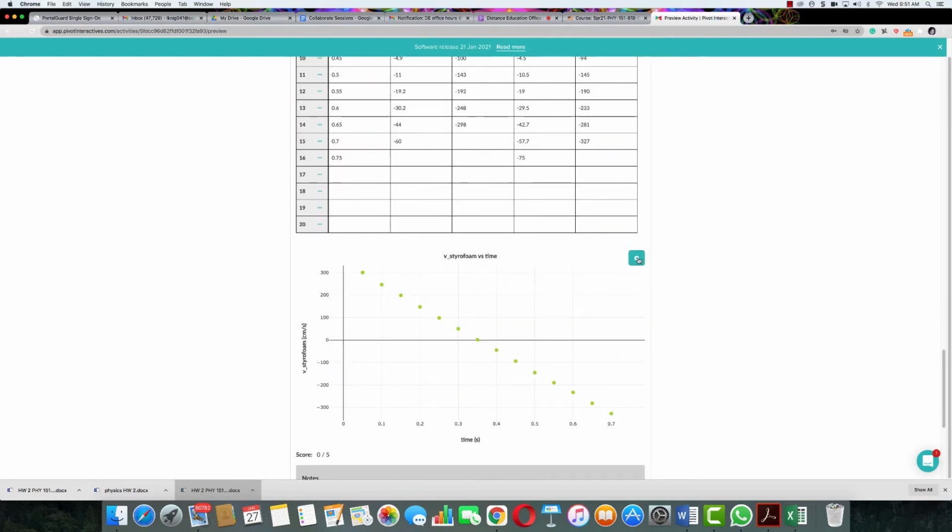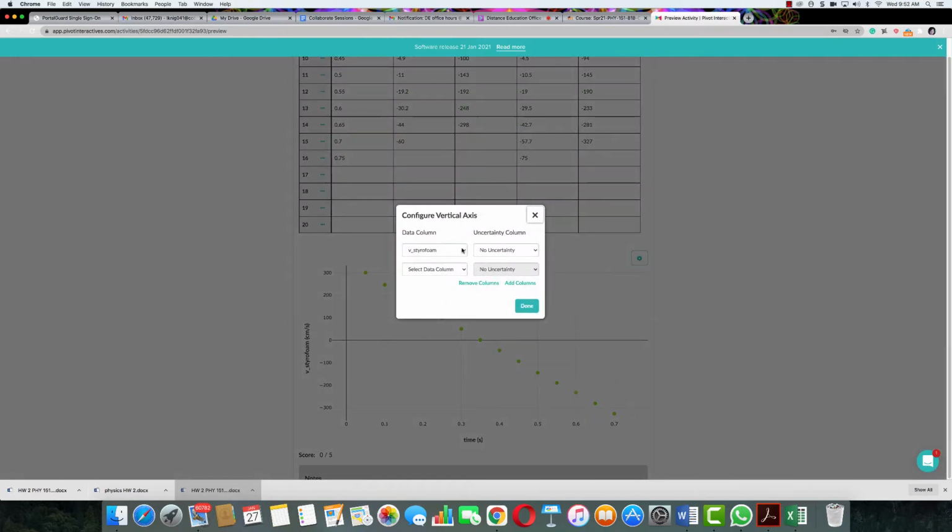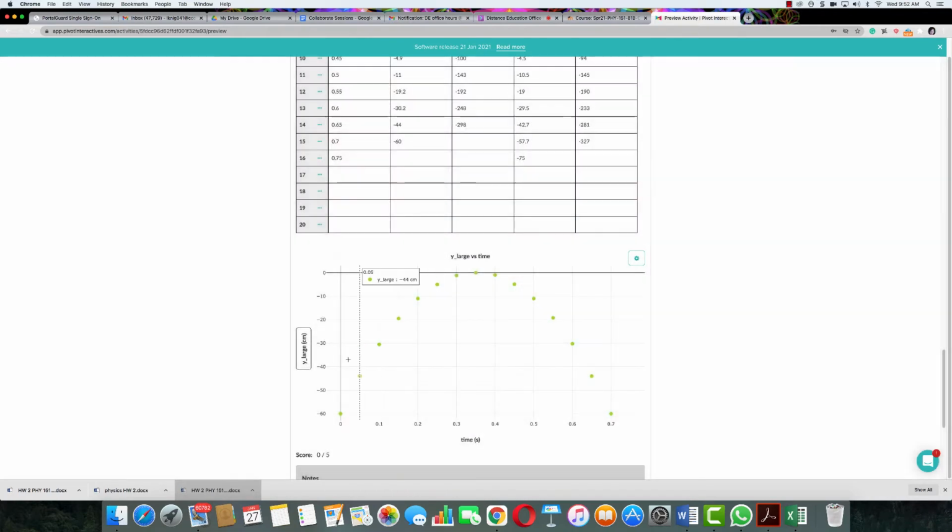If I did the position graph for the green ball, then I would put the y of that ball on the y-axis, and time on the x-axis. The position is going to be a parabola.